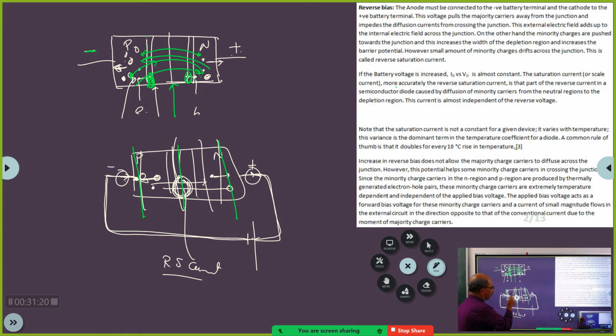Here in between, it is a combination of both. But the total current is the same everywhere. It cannot be different at different points, because this is a series circuit. That is the basics. This is precisely what happens in a reverse circuit.